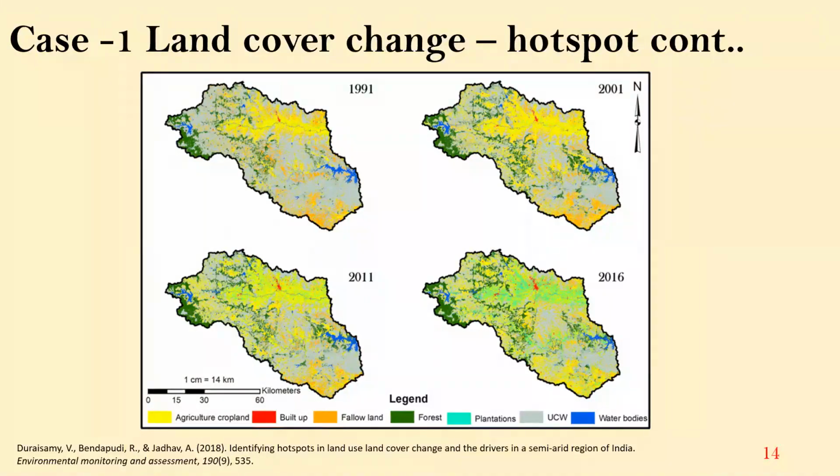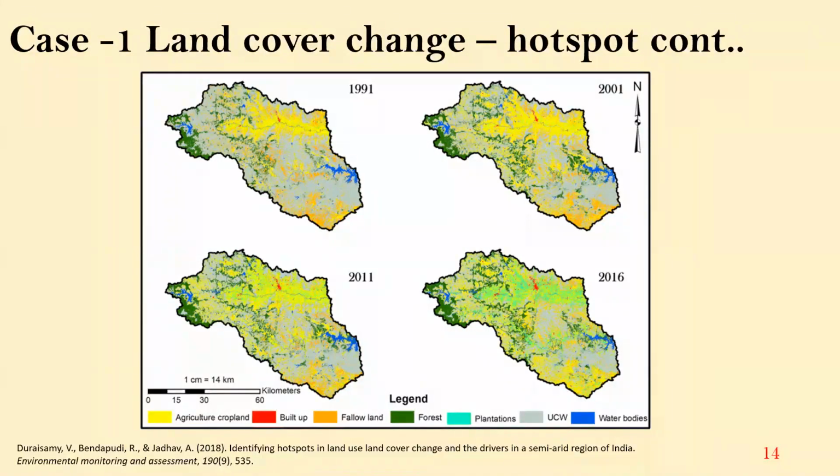With the surface reflectance properties, we classified the study area into agriculture croplands, built up, fallow land, forest and plantation, grasslands, unculturable wastelands, and water bodies. The classification was done by image processing, and the surface reflectance properties you saw earlier aided in discriminating these different classes in the study area.